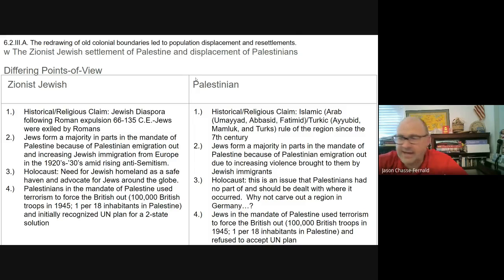And that is true, both of those things are true. From the Palestinian perspective, you'll sometimes hear that Jews in the Mandate of Palestine used terrorism to force the British out, which is also true. Both of those things are true.